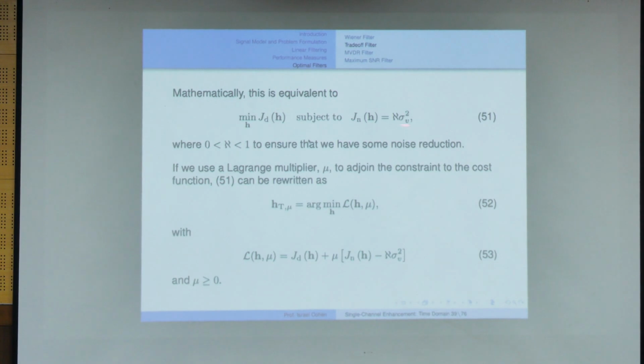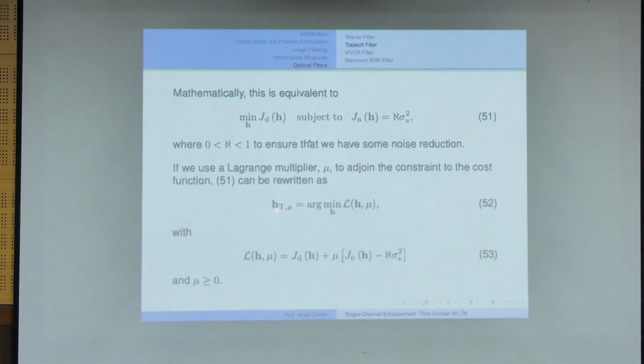So we can define this problem something like this, okay? Minimizing the distortion-based mean squared error subject to some constraint. And then using a Lagrange multiplier, we can write it like this. We can remove this part because it's constant, independent of h. And then we try to minimize.